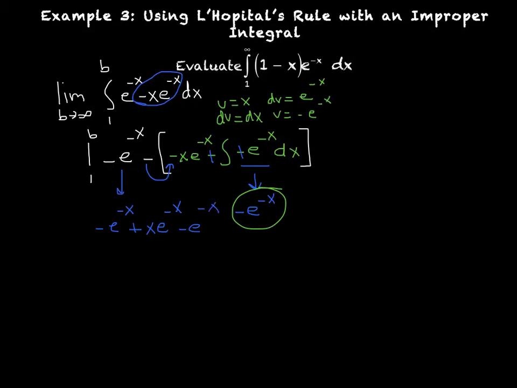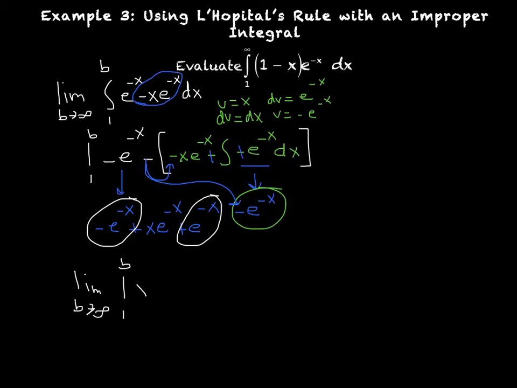Excuse me, it's going to be positive because this negative has got to distribute to that negative. So we see that that term and that term are going to conveniently cancel, and all we're going to be left with now is the integral from 1 to b, the limit as b approaches infinity of x e to the negative x. All right, so we're going to plug in our upper limit of b.